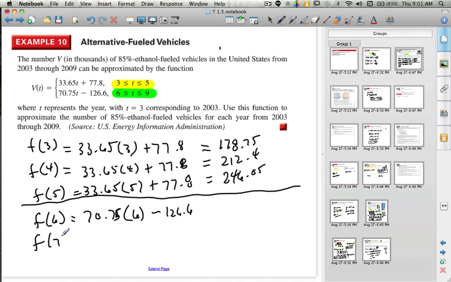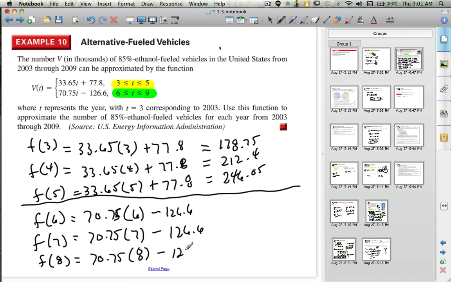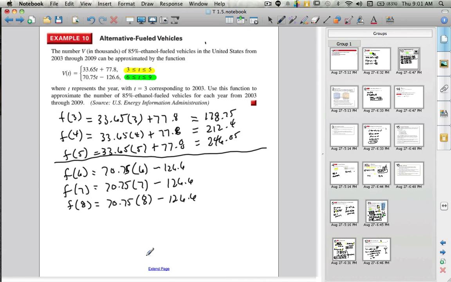And then f of 7 will be 70.75 times 7 minus 126.6. F of 8 would be equal to 70.75 times 8 minus 126.6. And f of 9 would be equal to 70.75 times 9 minus 126.6.